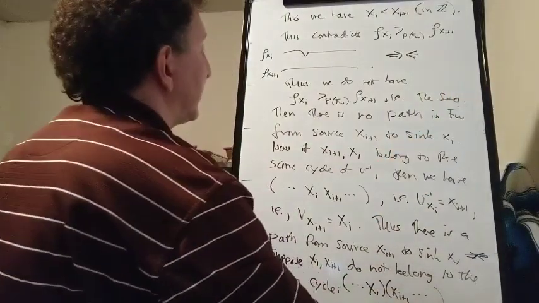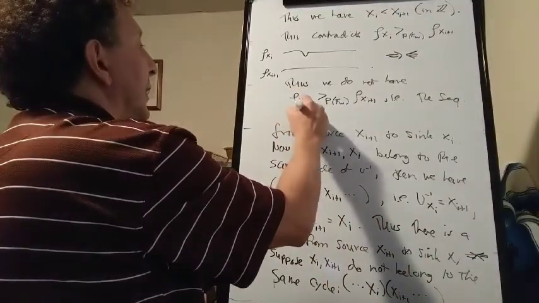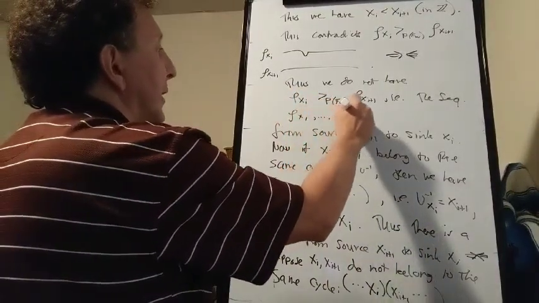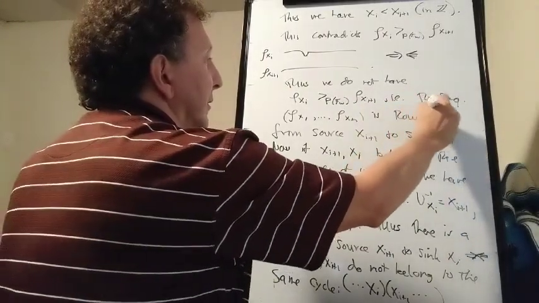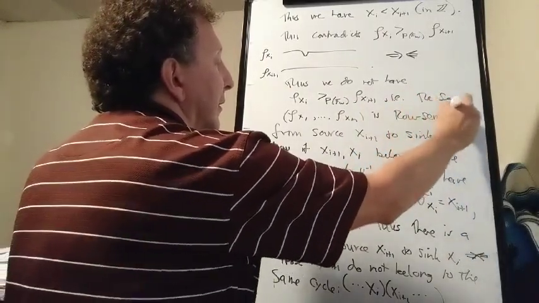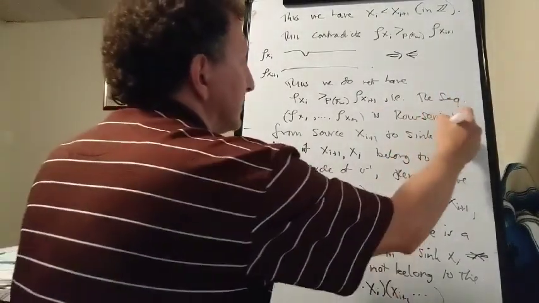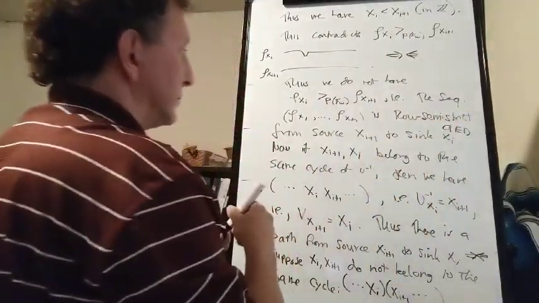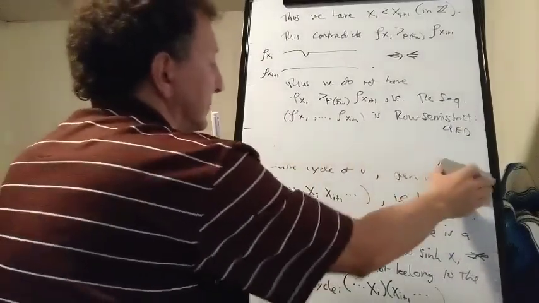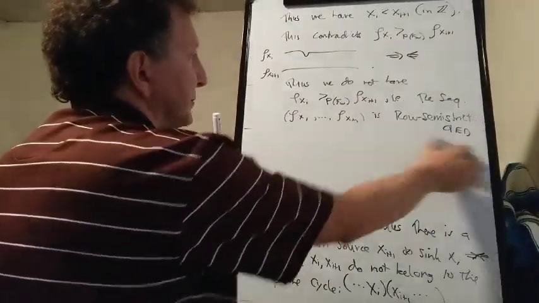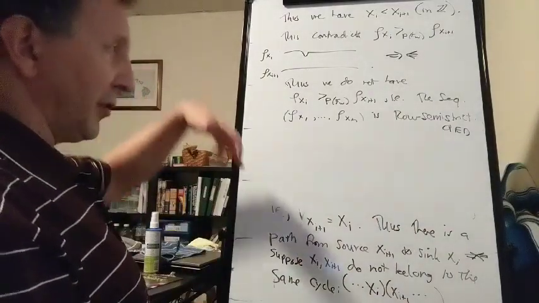That means that the sequence rho x1 through rho xn is rho semi-strict. Actually, that's only half the proof, because that's sort of one direction of the bijection.